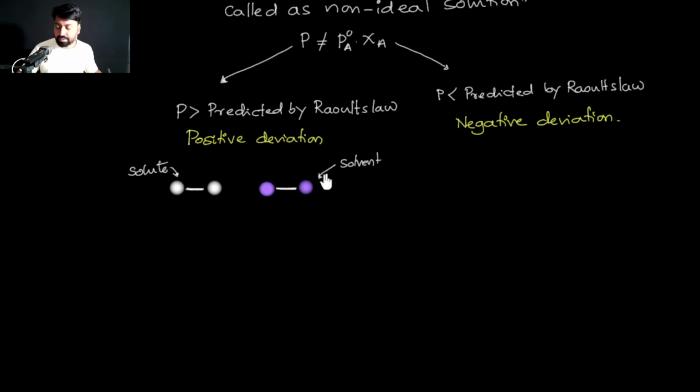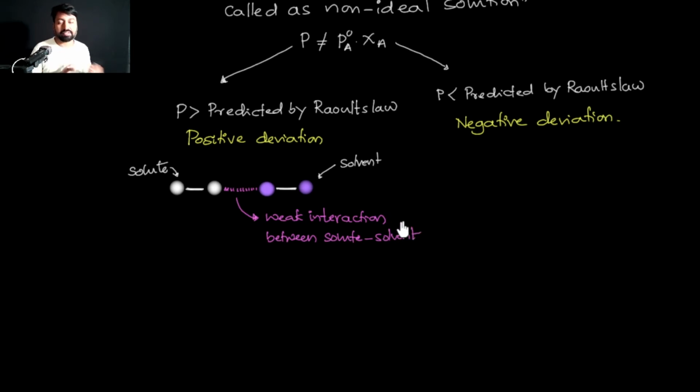Now what is happening here? When you mix a solute and solvent in a container, an interaction is produced between the solute and solvent. To show a positive deviation, this interaction should be weak.